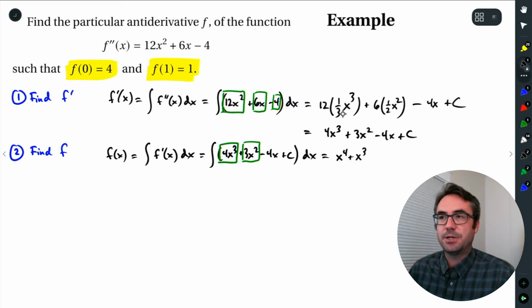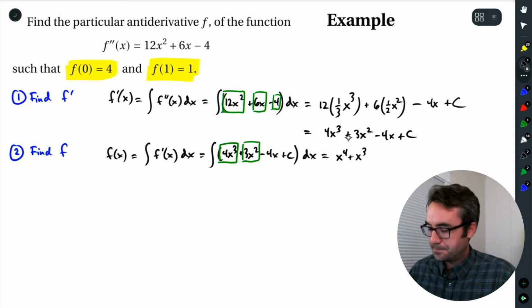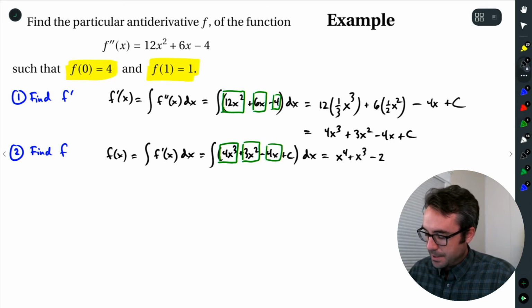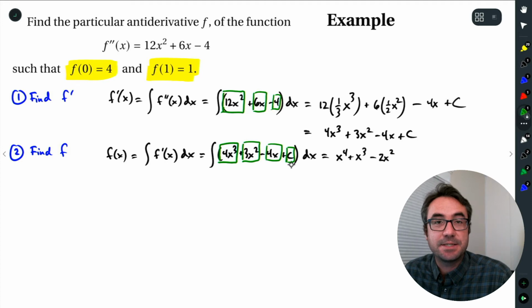Again, I'm not showing all the work I did in the last step because, once we start getting the hang of the power rule, you're probably just going right from here and getting the answer. Then we do our third term, and it's minus, so we end up with minus 2x squared. And then here, this last term is a constant, c.